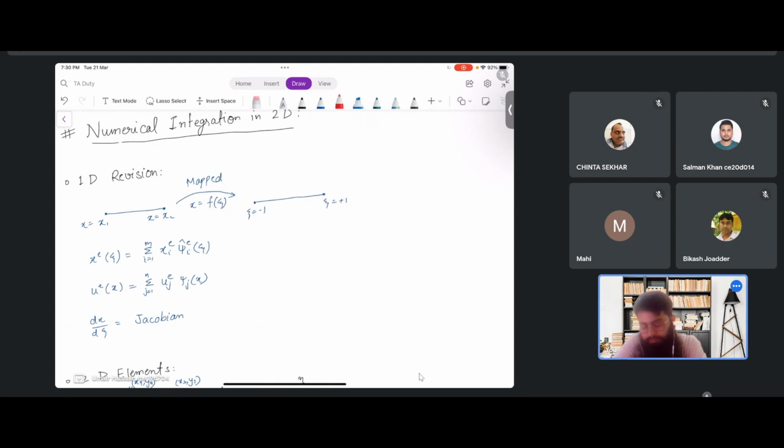The basic idea was we had a given domain in terms of the x coordinate, and we mapped it into a standard domain with zeta as the coordinate, which we called the natural coordinate system.